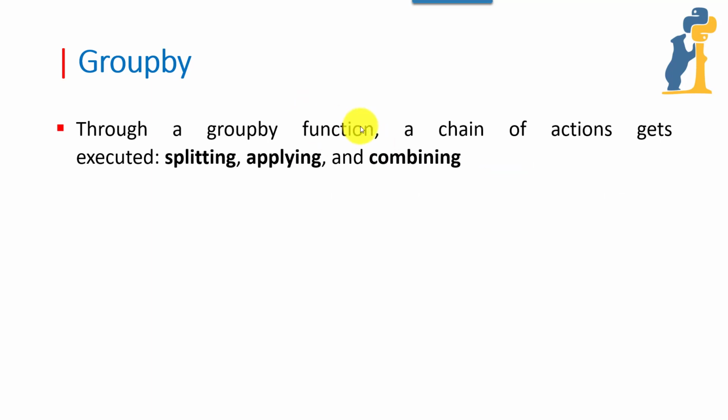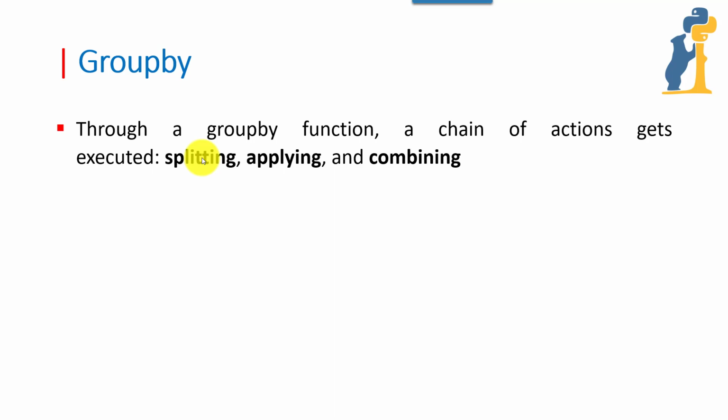Through a group by function, a chain of actions gets executed: split, apply, and combine. Splitting segments each category from the desired grouping variable to perform further operations with it. Then a function can be individually applied across each of these split groups.